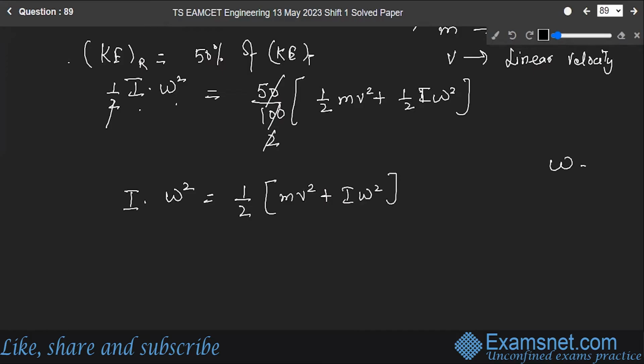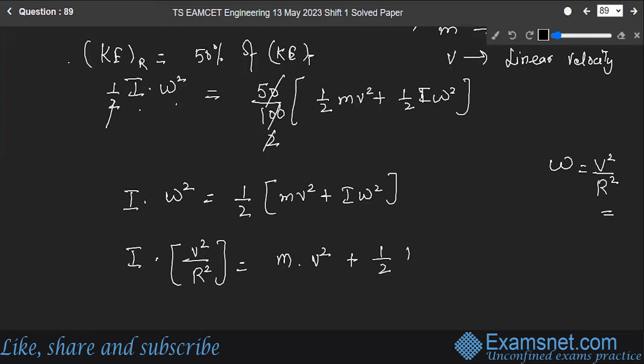And you know angular velocity square is equal to linear velocity square upon the radius square. I will write it as I into v square upon r square is equal to m v square plus half into I into v square upon r square.